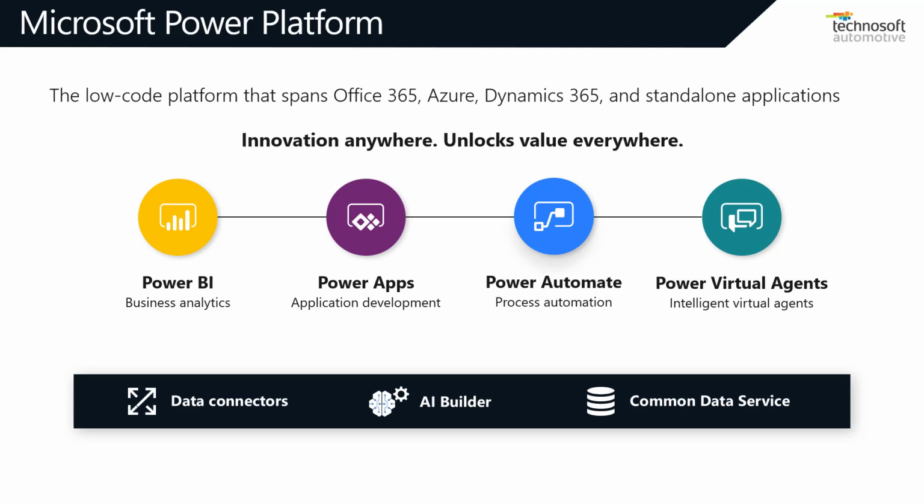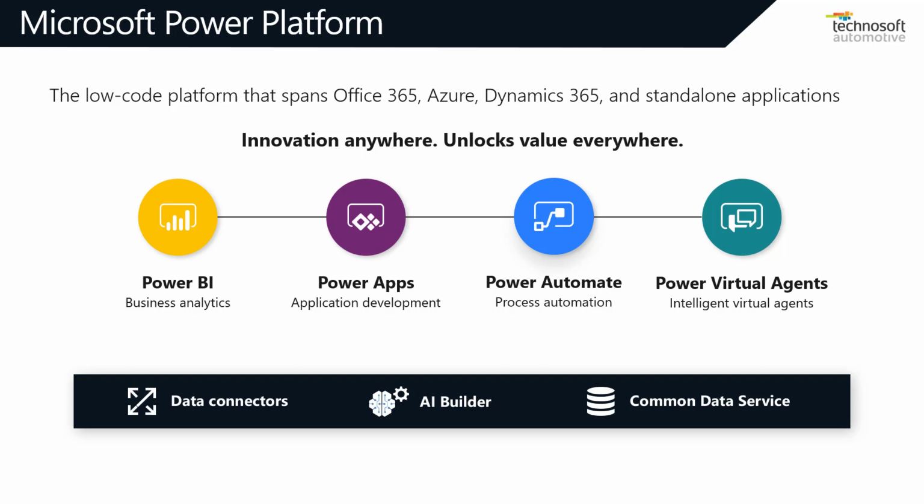All of these are powered by common components like the Common Data Service, data connectors and AI Builder. So it provides a single integrated solution to solve enterprise application development needs in a very fast and rapid way. And it can be built by a professional developer, IT pro, or a citizen developer like a business user inside the company.